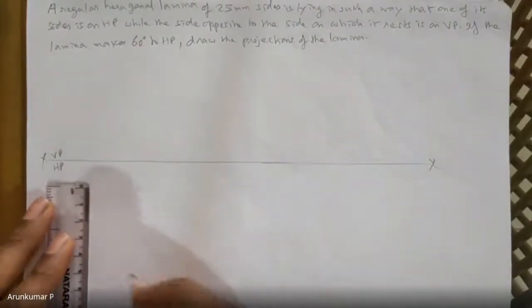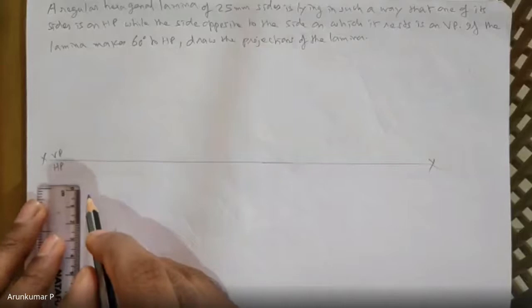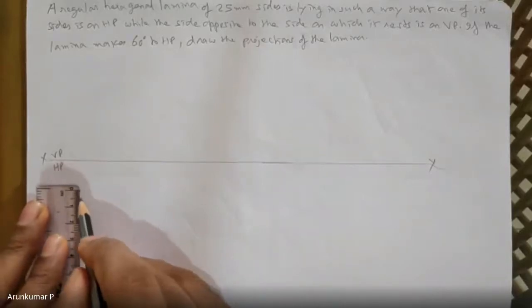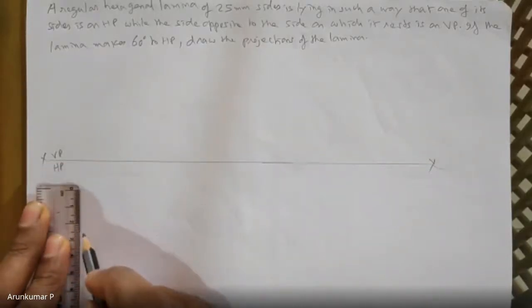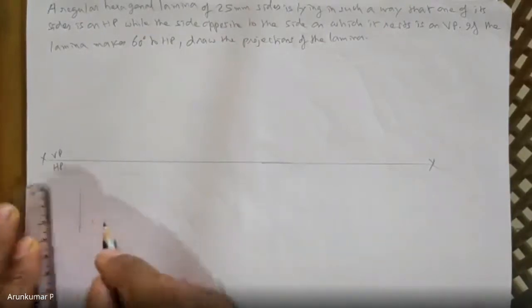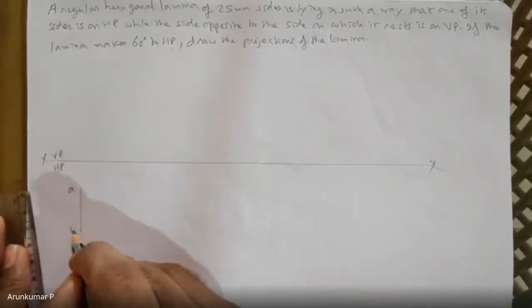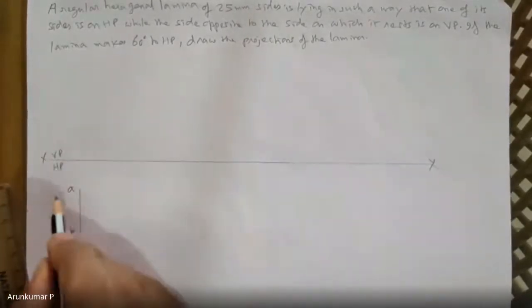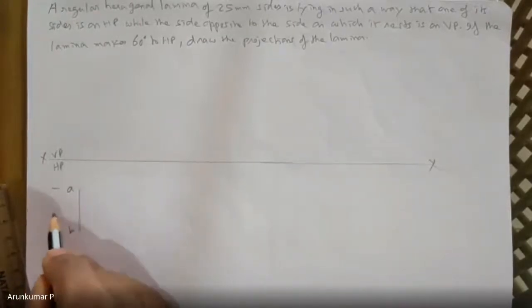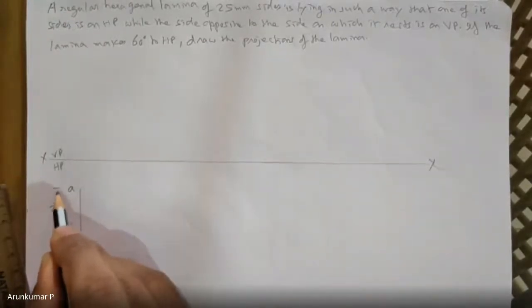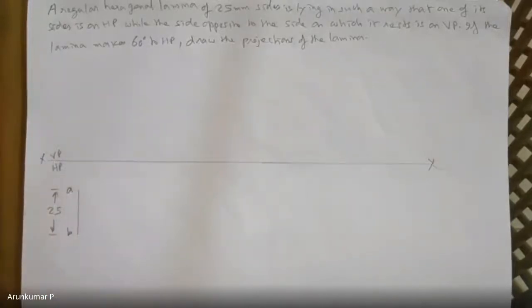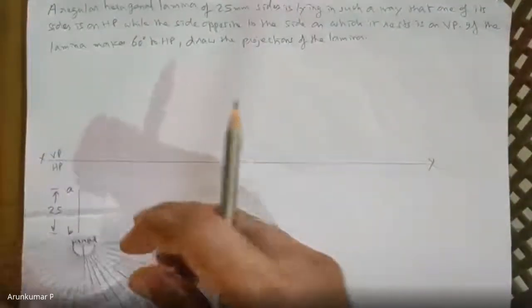First thing is you draw the edge on the left, 25 mm. Small a, small b, edge length 25. And then at 120 degrees, you can draw the other edges BC, CD, DA, and all.